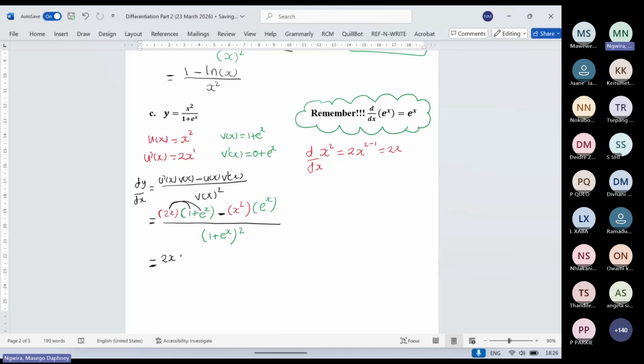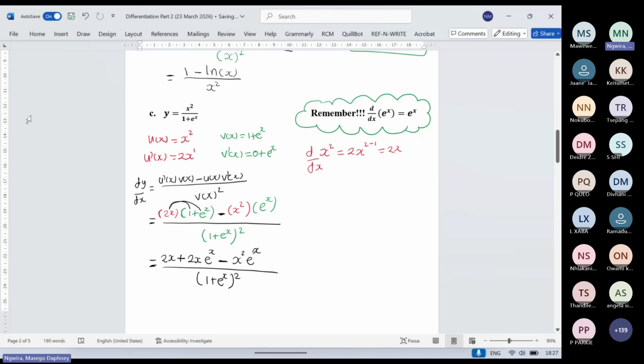So this is going to be plus 2x e to the power of x. And then minus, it's just going to be minus here because these are not two numbers. This times this is just going to stay the same. It's just going to be x squared e to the power of x. And then everything over 1 plus e to the power of x, all squared.